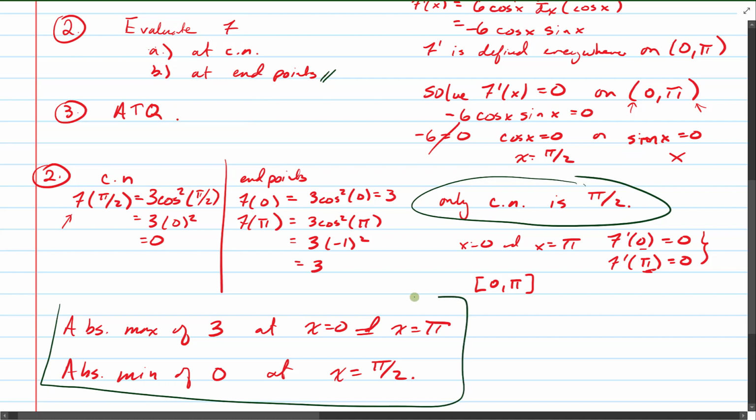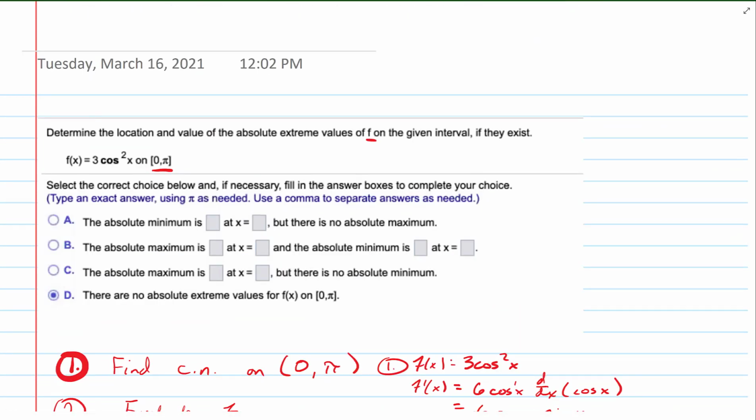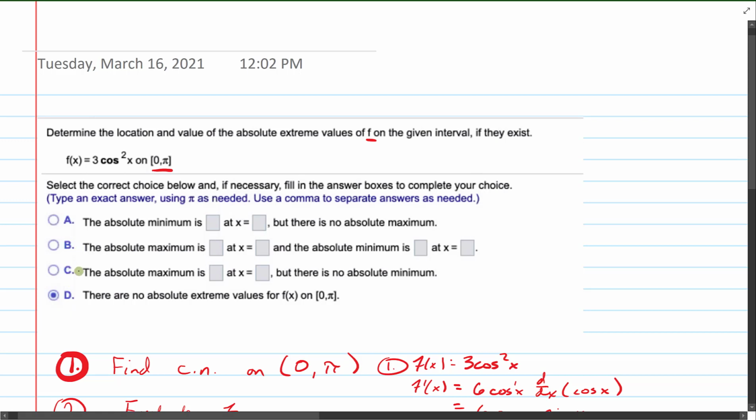So there's our answer. As far as MyMathLab's concerned, we could enter that in. It looks to be that choice B is the option, and we've got an absolute maximum of 3 at x equals 0 and at x equals pi. And we have an absolute minimum of 0, and that occurred at x equals pi over 2.